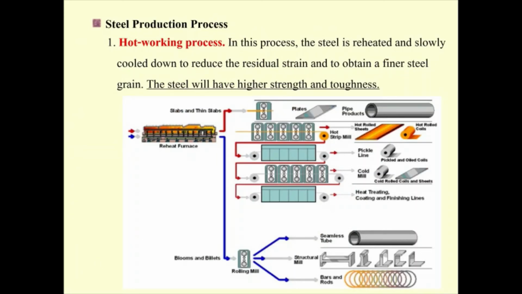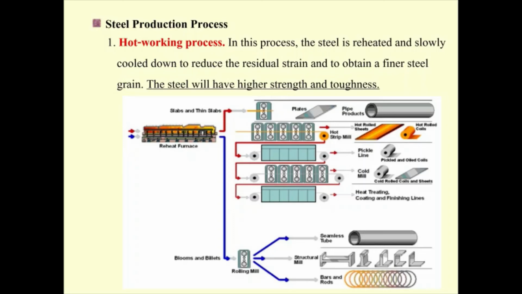Now, after we consider the diagram for steel production, we get the steel plate, and there are 2 more steel production processes that are required. One is the hot working process, and the other is the cold working process.